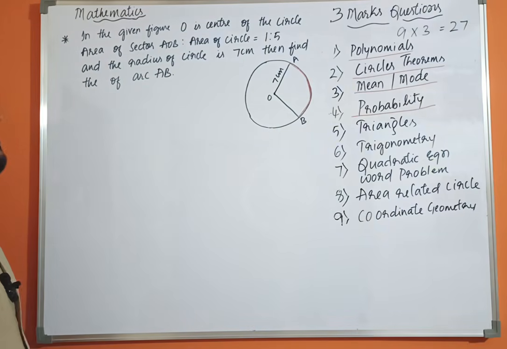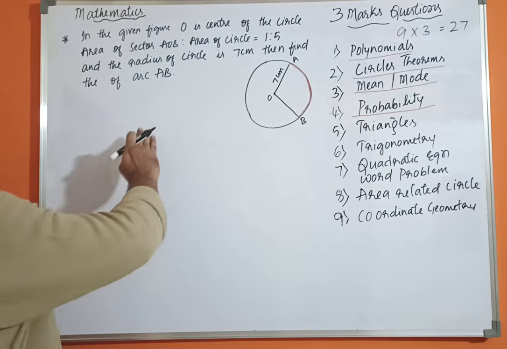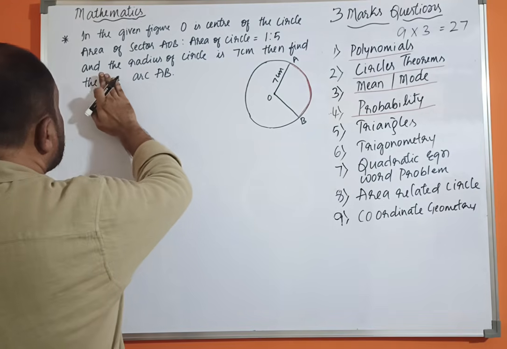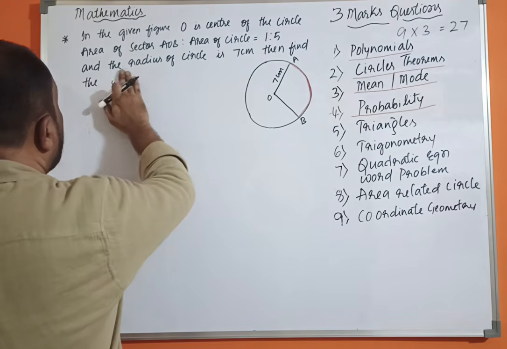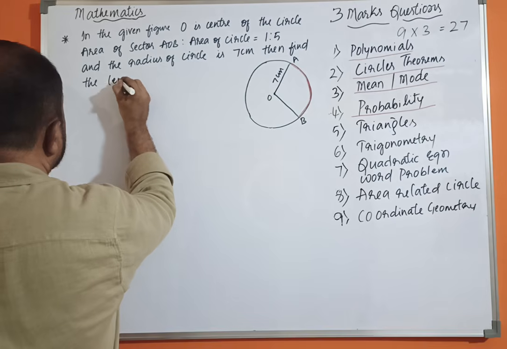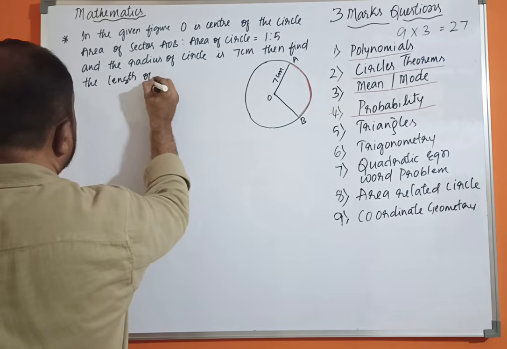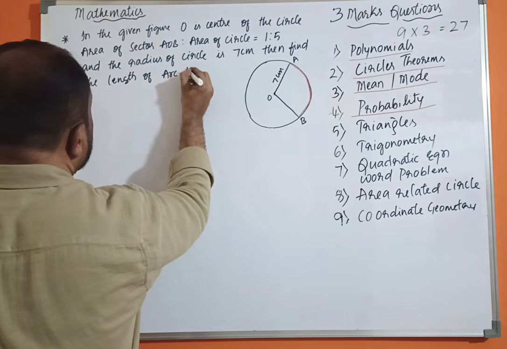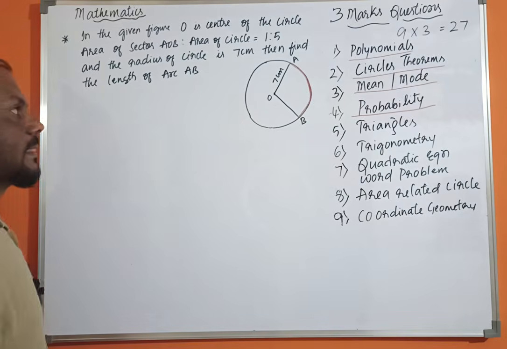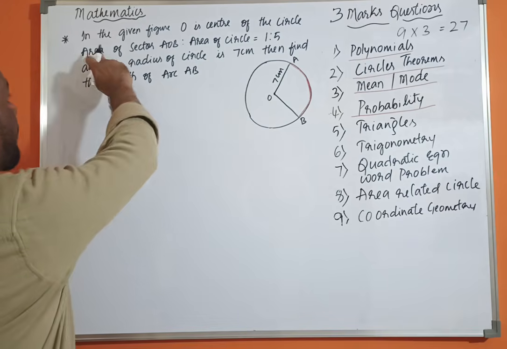Then find the length of arc AB. So we are trying to find the length of arc AB. First let us start from the data. What is given?